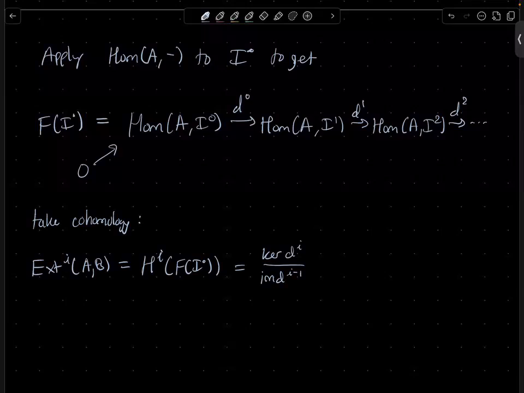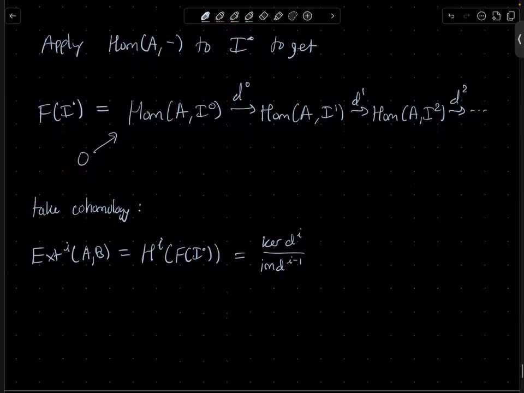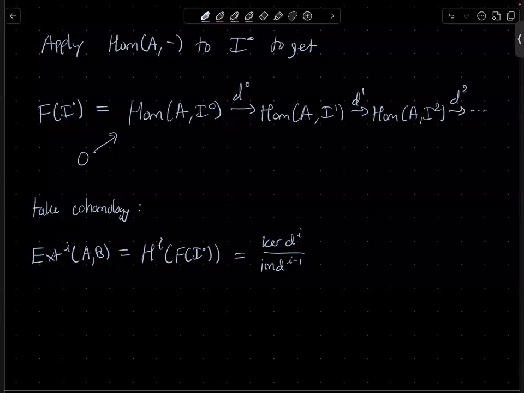Okay, in particular, maybe we should ask, what is Ext 0? This has an interesting answer. So Ext 0 A B is the 0th cohomology, H0 of F of I bullet.